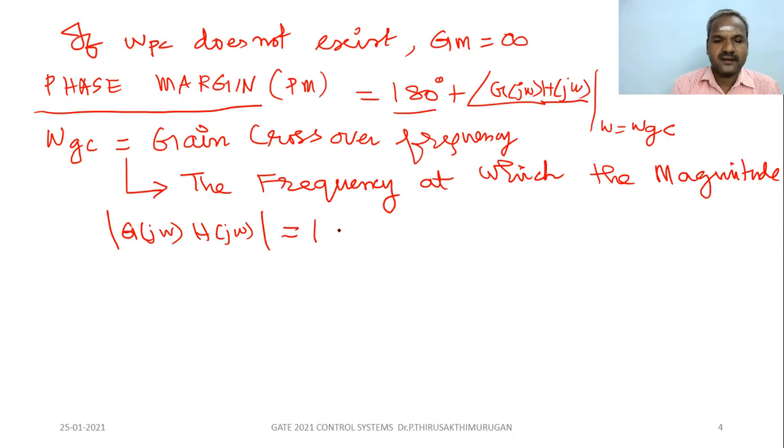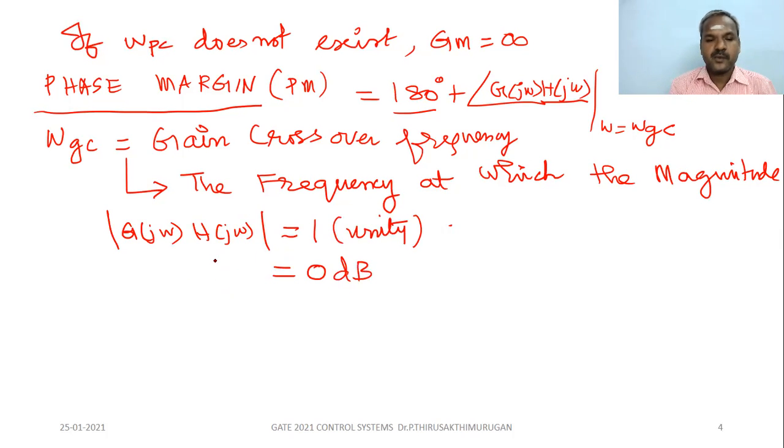In decibels, this is equal to 0 dB. So the magnitude of G(jω)H(jω) equals 0 dB.